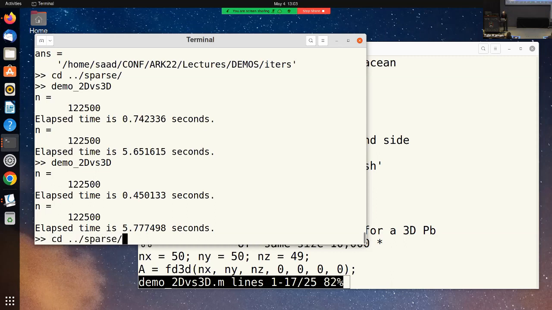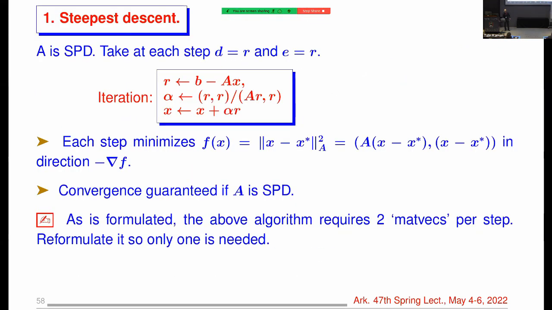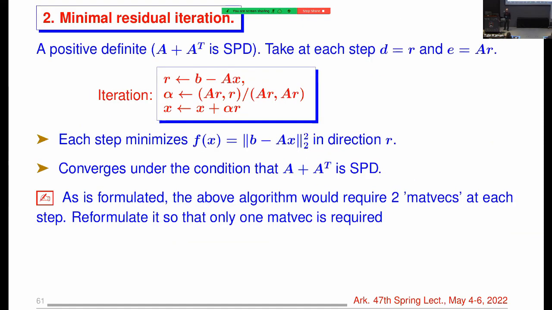So having said that, now I'll continue with one-dimensional projection methods. I've talked about steepest descent. Now we're going to talk about the MR, minimal residual algorithm. This one takes as a subspace the span of the current direction, the residual R, and it projects onto AR.